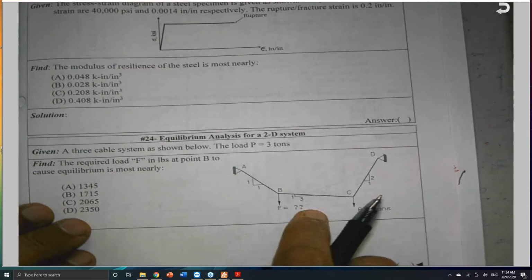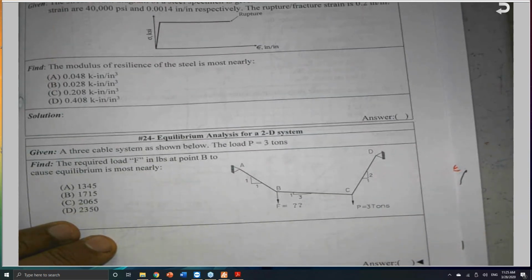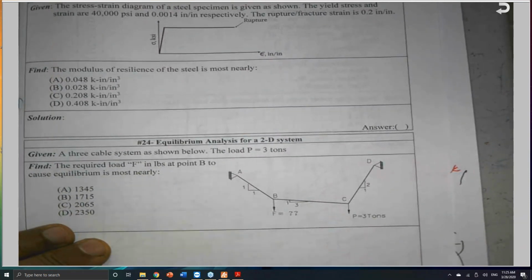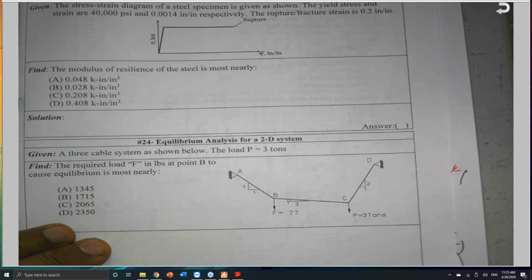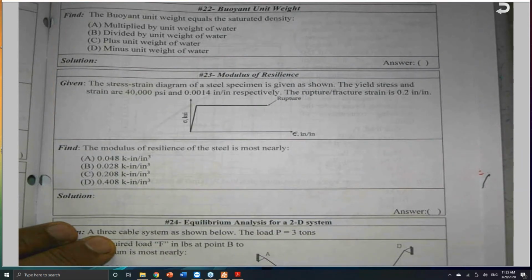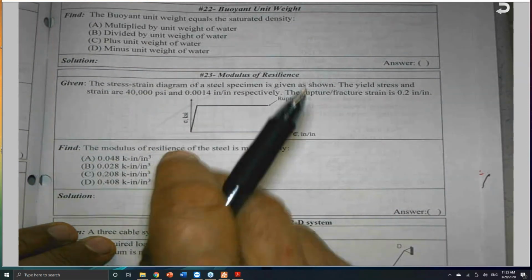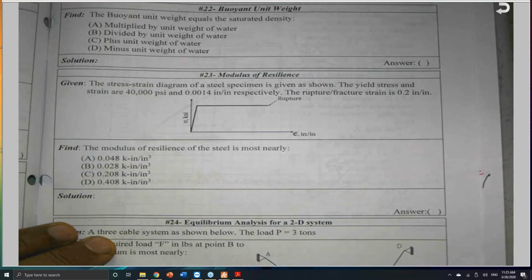Three cable structures, or the three cable system, might be very common. You might see something like that. Apply equilibrium equations and the free body diagrams. Some problems relate a little bit to materials. I included one related to the stress strain curve for steel, which we'll talk about here and also in the materials section, chapter 7 of my textbook.